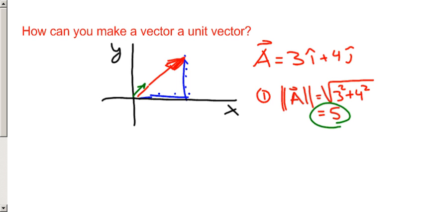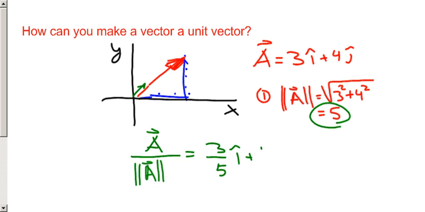Or in other words, I'm going to take A and divide it by its own magnitude. And what I'm left with is a vector that's in the direction of A, but only has length 1. So if we do that, we would get 3/5 i plus 4/5 j.